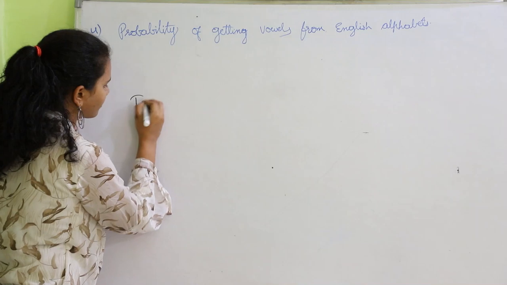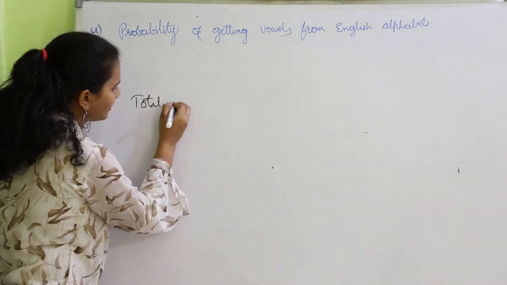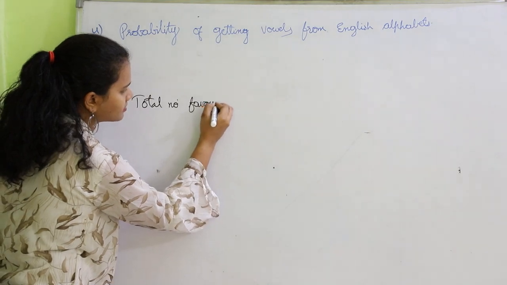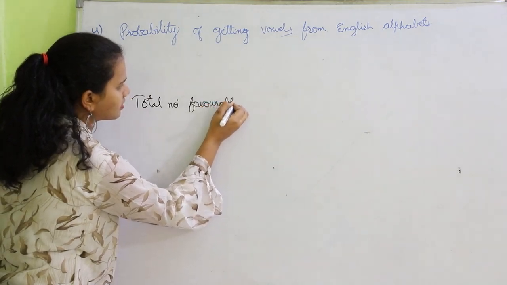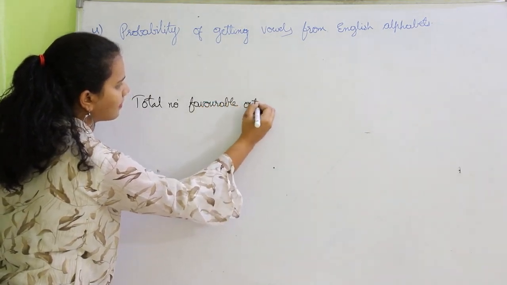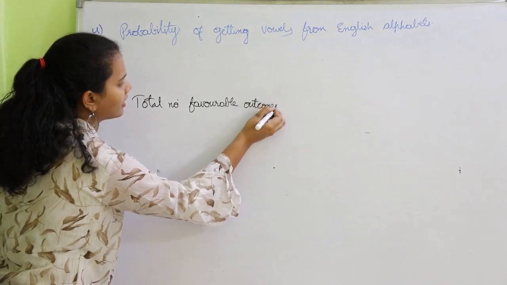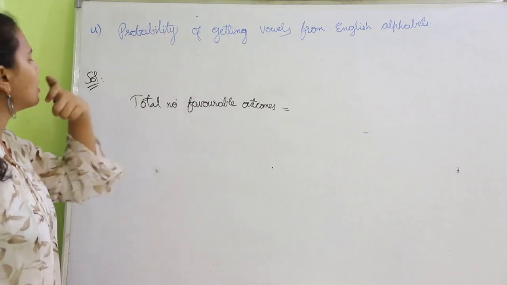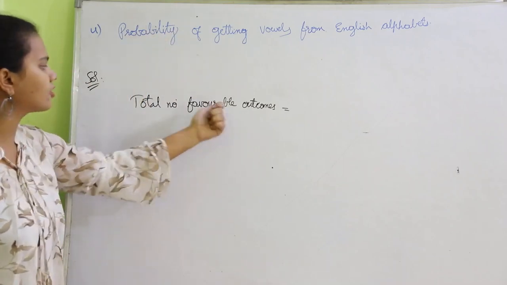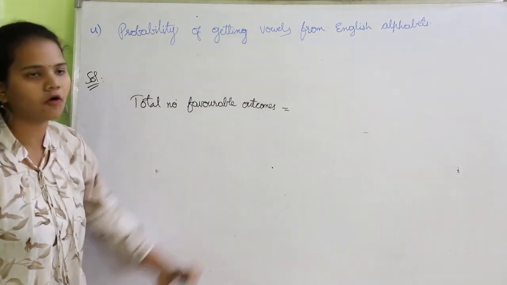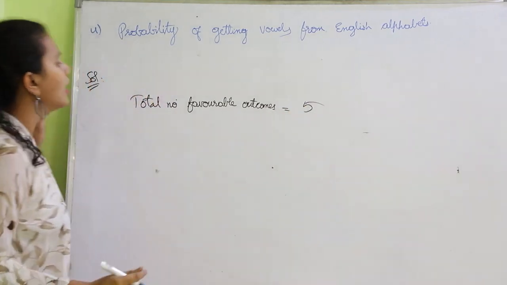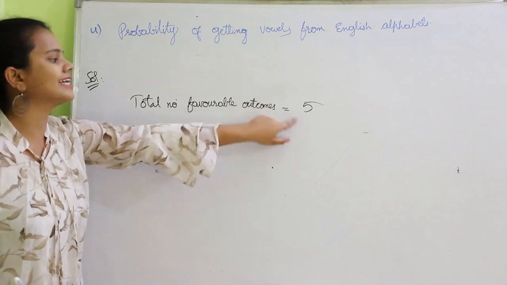Firstly, the total number of favorable outcomes is nothing but the outcomes of vowels. How many vowels do you have? A, E, I, O, U, meaning 5 vowels. The total number of favorable outcomes is 5.